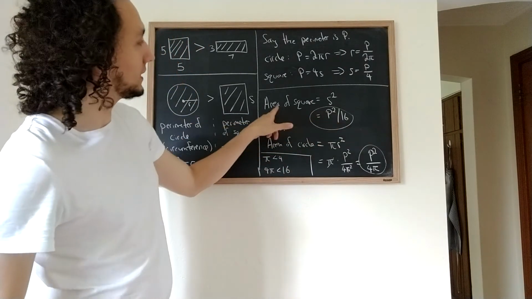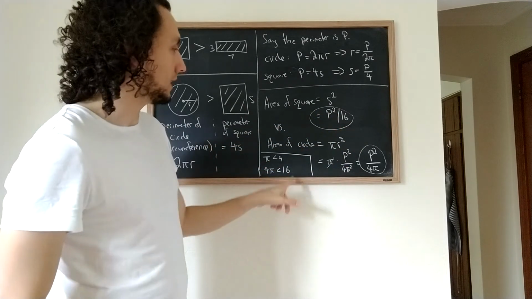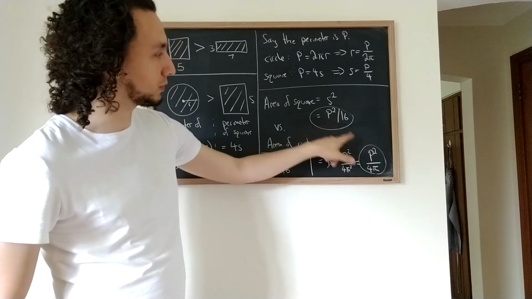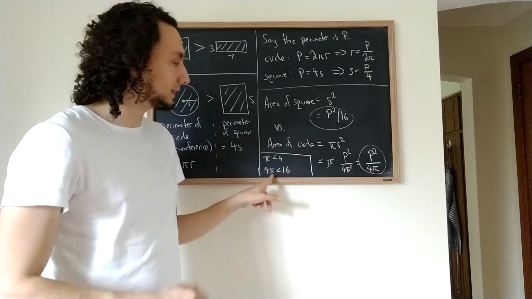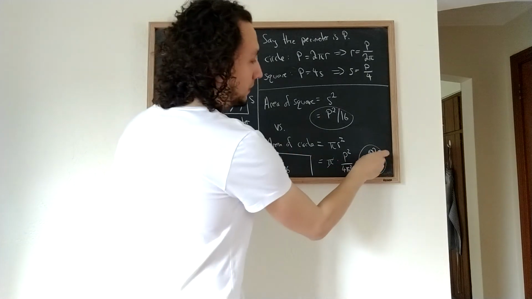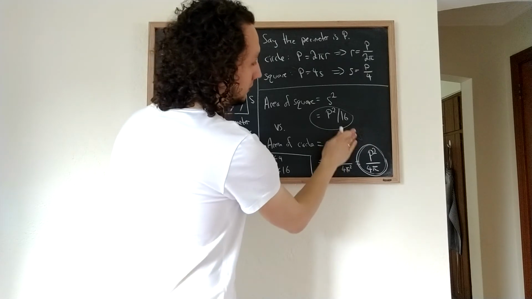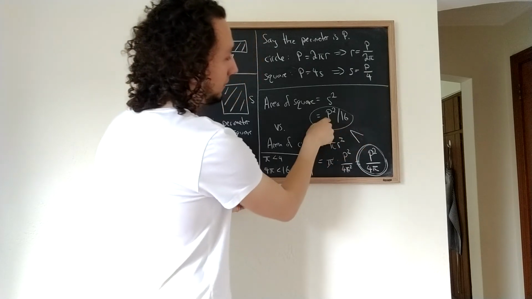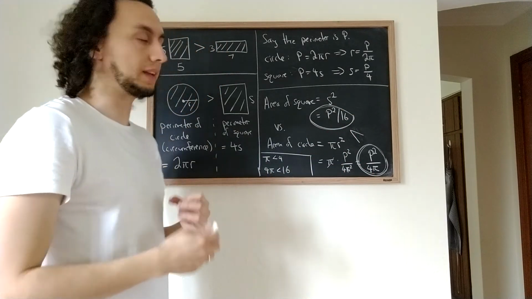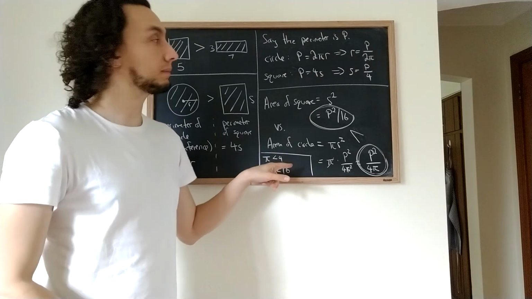Which means that to get the area of the square, we're dividing the square of the perimeter by 16, and to get the area of the circle, we're dividing the same number, the perimeter squared, by something less than 16. And if we're dividing by something less than 16, it means that this number here must be bigger than this number here. Because the denominator is smaller, we're not dividing it by as much. And that just follows again from the fact that pi is less than 4.